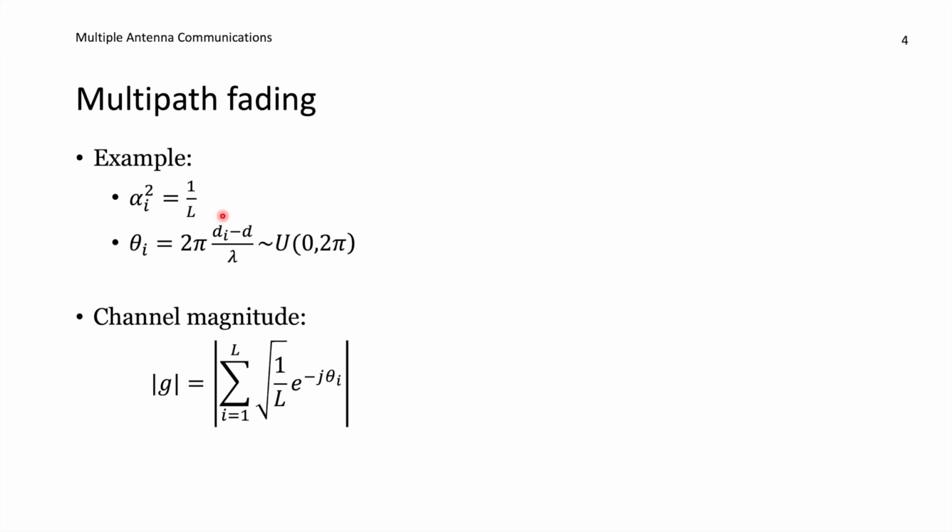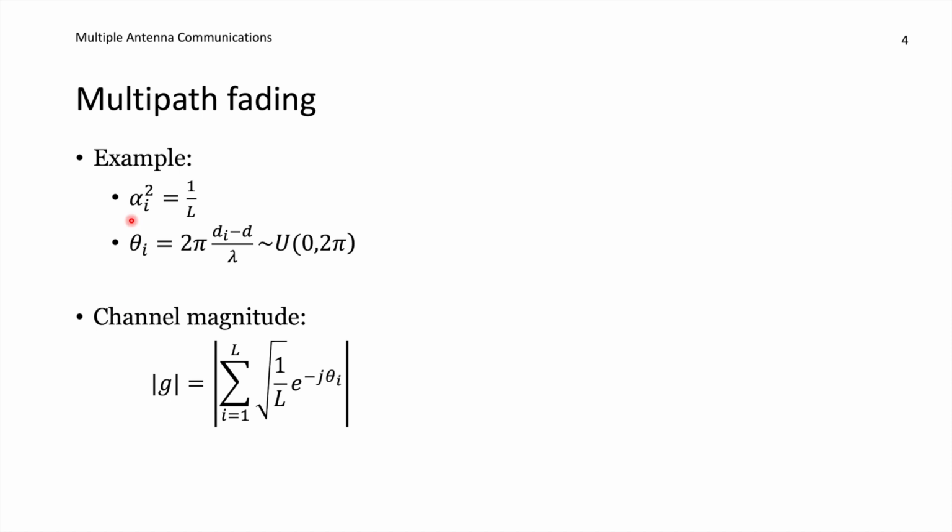Since the difference in length among the paths can be many wavelengths, this number here is much larger than 1. And if we take a number that is somewhere between 0 and some large number and wrap it into the interval 0 to 2 pi that is relevant when talking about phase shifts, well then we essentially have something that is uniformly distributed between 0 and 2 pi.